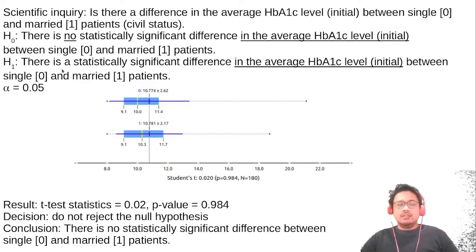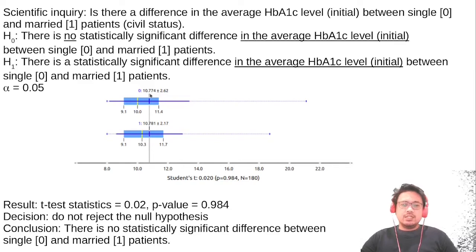Ang ating alternative hypothesis is there is statistically significant difference in the average of HbA1c, initial HbA1c level between single and married. So yung single, ito yun. Itong yellow bar, ito yung median. Okay, so as you can see, meron tayong outliers sa ating data. And then itong gray line na to, ito yung average.